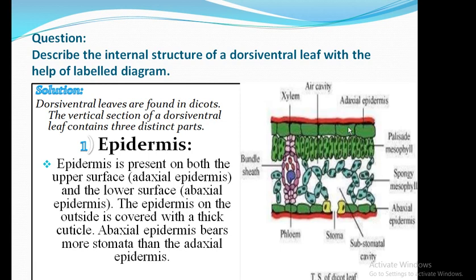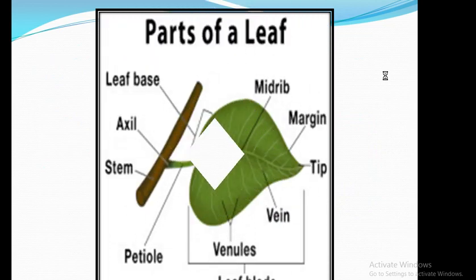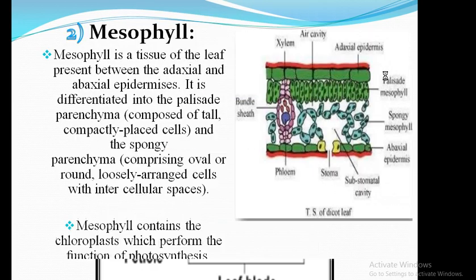No stomata, or only a few, may be present on the adaxial surface of the leaf. And this one shows all the parts of the leaf.